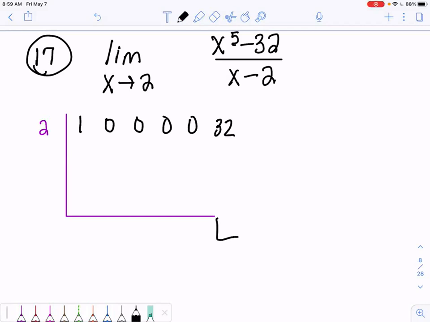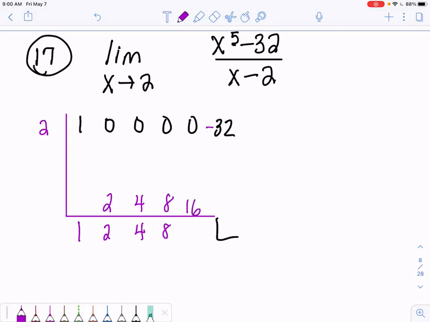And then, Darby, do you remember how synthetic division works? Yes. So you're going to bring down the first term, and then you're going to multiply. So 1 times 2 is 2. 0 plus 2 is 2. 2 times 2 is 4. 2 times 4 is 8. 2 times 8 is 16. And this is a negative 32.